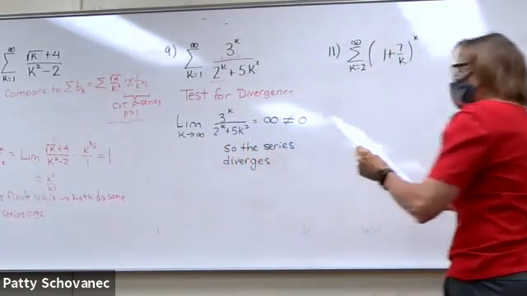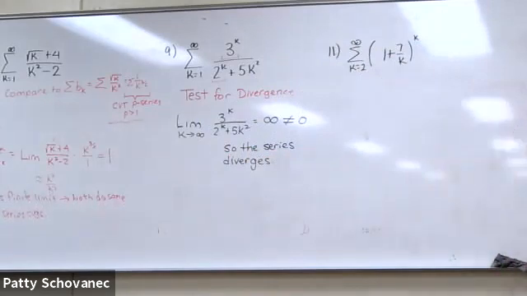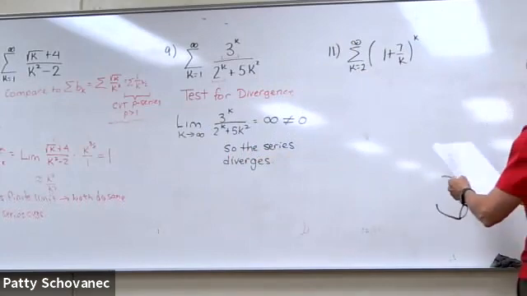So in number 11, you're tempted to use the kth root test, but the limit's going to be 1, and that's the case where the kth root test is inconclusive. So try something else.